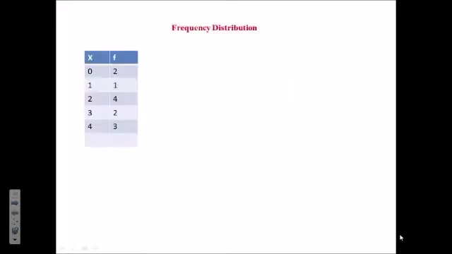From this frequency distribution, we could make a number of different types of graphs. We could make, first of all, the bar graph. We usually put the x's on the horizontal axis and the frequencies on the vertical axis.